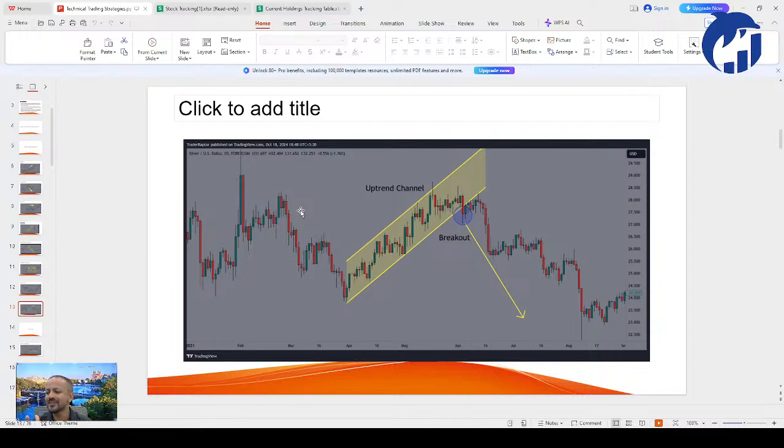Remember, we use these terms interchangeably because they showcase the same structure. Whether I use a trend line or a channel, the depiction of price moving in that direction remains the same always. So for this particular example, I'm using a channel.